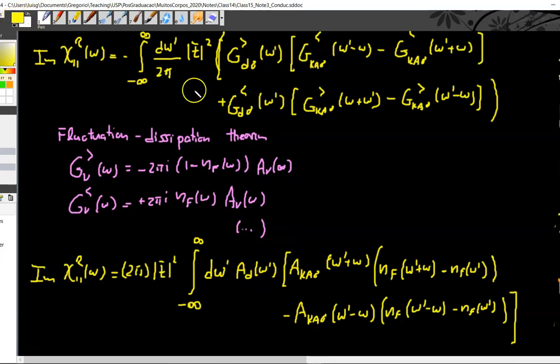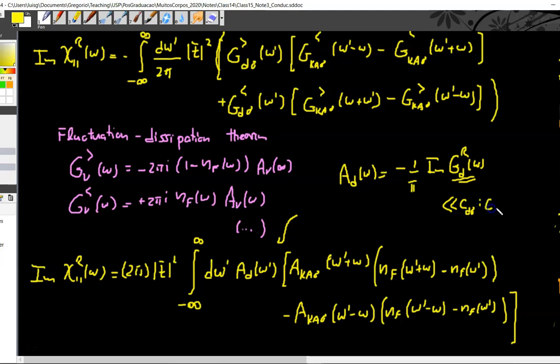impurity electron, just to remind what these guys are. A_D of omega is minus 1 over pi, the imaginary part of the retarded Green functions of the dot, which we already calculated at least in mean field, and you can calculate with, say, equations of motion as well.